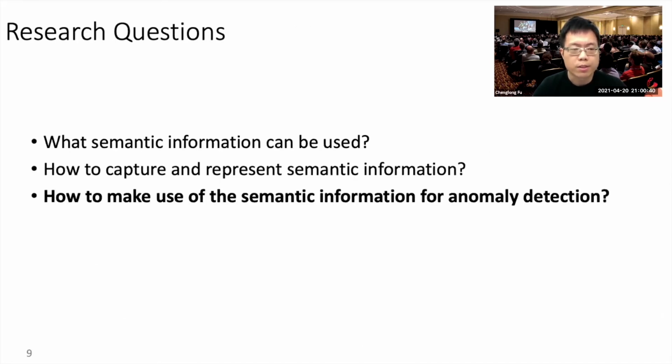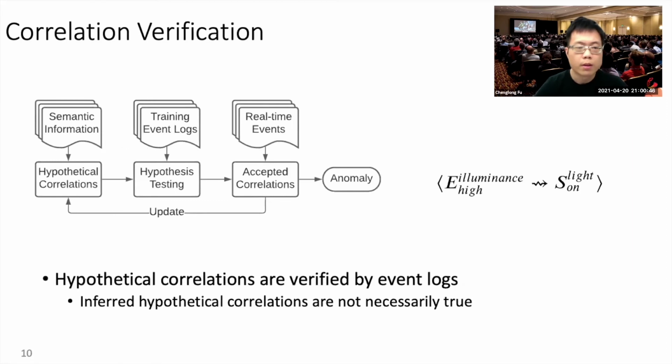Finally, the third question is how to make use of the semantic information for anomaly detection. The hypothetical correlations generated according to semantic information are not necessarily true. For example, this correlation means the illuminance can only be high when the light is on.